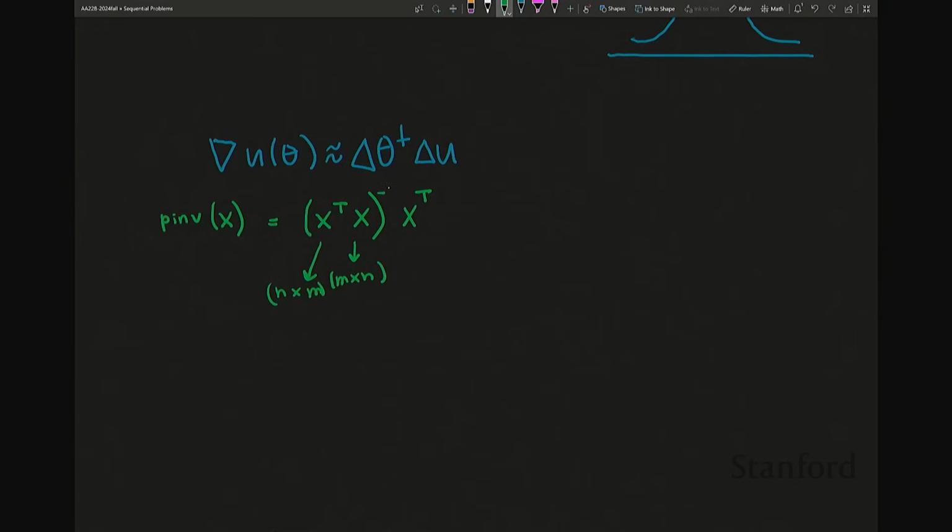And we can see that we'll be taking the inverse of something n by n, which is square. So that's what the pseudo-inverse allows us to do, and this is the same as what we used for approximate value functions, if you want to take a look at that in more detail. The 229 notes, which are available online, also go into this in great depth, and I recommend that as well. Any other questions here?